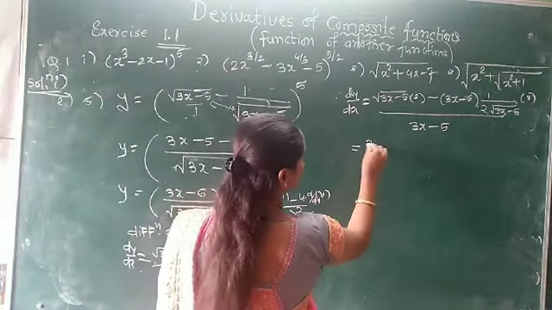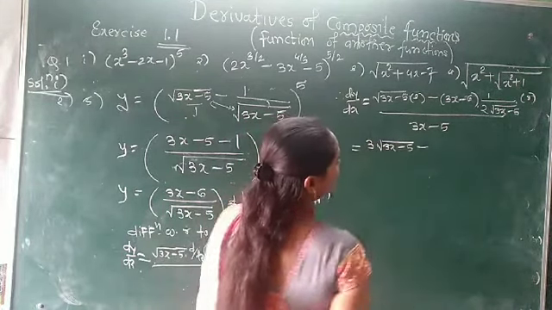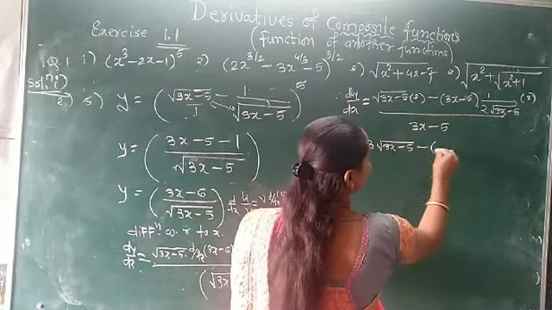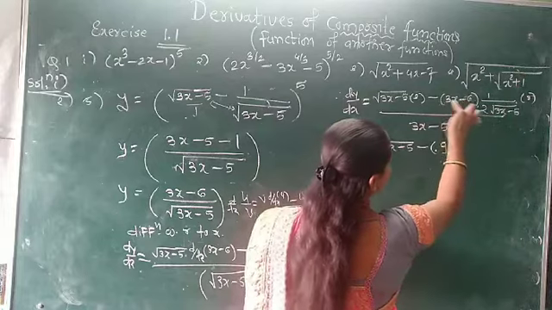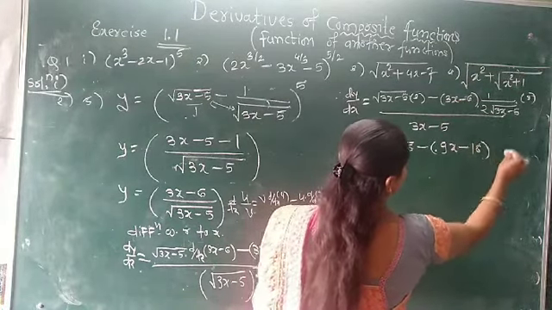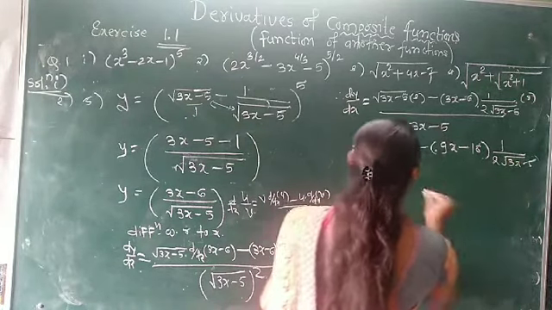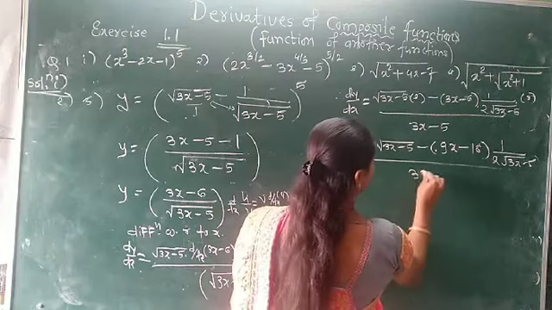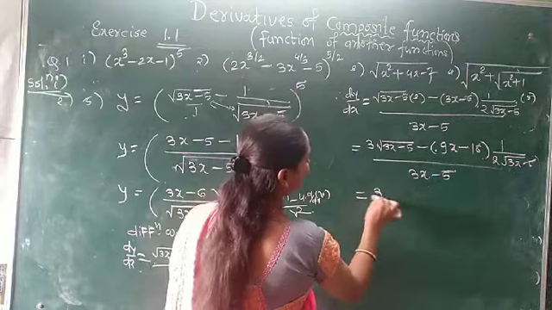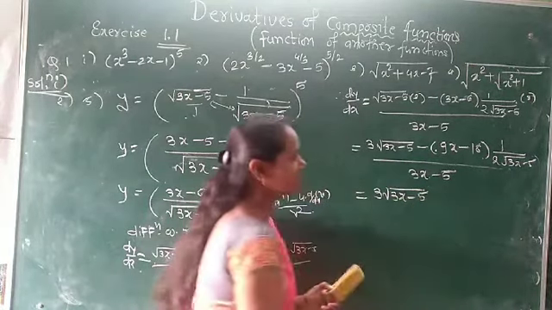Now this 3 into root 3x minus 5 minus, we multiply now this 3. So it becomes 3 into 3, 9x, minus 6 into 3, it is 18, and divided by 1 upon 2 root 3x minus 5 divided by again 3x minus 5. Now this term again write as it is, 3 into root 3x minus 5.